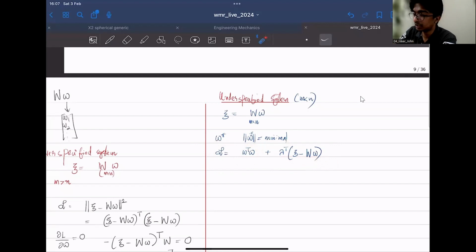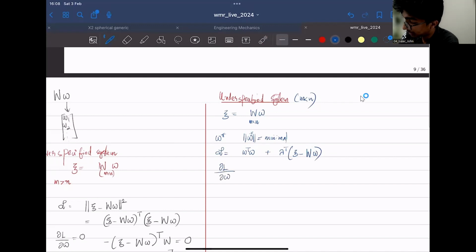This is a standard constrained optimization problem. The constraint is this one, which omega has to follow. And what you have over here is something called a Lagrange multiplier. This is a typical format of a constrained optimization problem. So how do you solve that? The minimum solution can be found by taking the derivative of this L, just like we did last time.